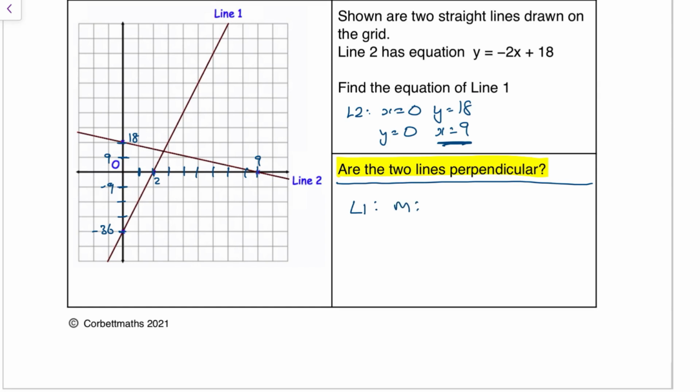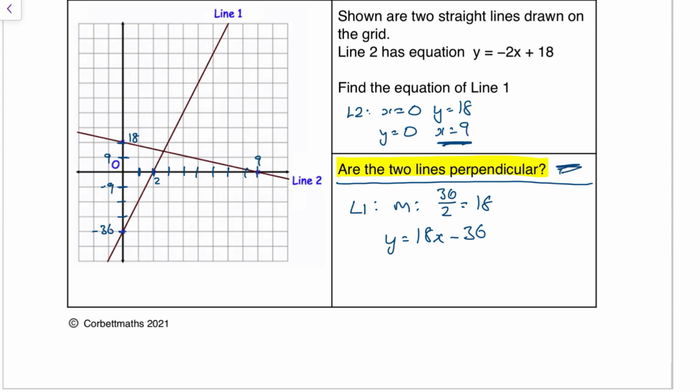Well, I'm going from minus 36 to 2. So in other words, I'm going up 36 and I'm going across 2. So therefore my gradient is 18. I know my gradient, so therefore it's going to be y is equal to 18x. I know the c value is minus 36, I can see it on the graph, so therefore my equation of line L1 is y equals 18x minus 36. Wow, that felt like a bit of a journey to get there, but we got there.